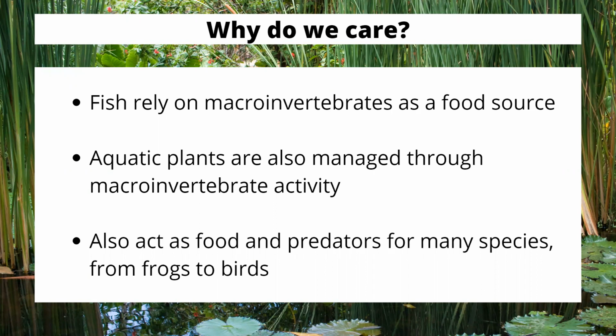These insects are going to act as filter feeders, which are going to filter out microscopic algae and other things out of the water to help keep the water a little cleaner and keep it more livable. They're going to also act as food for other species that we might be interested in: our frogs, our tadpoles, for some of those few tadpoles that are predatory, our birds, other animals that are going to use them. So insects have a lot of uses when it comes to where they sit within a pond environment.